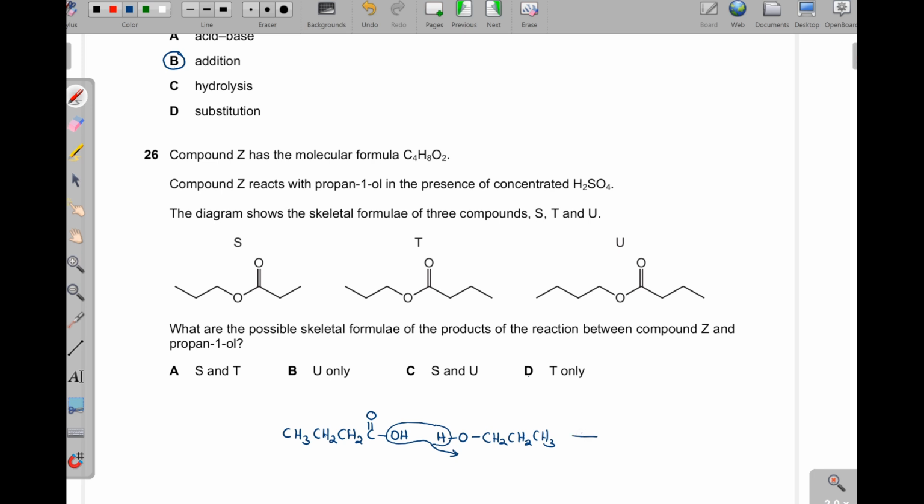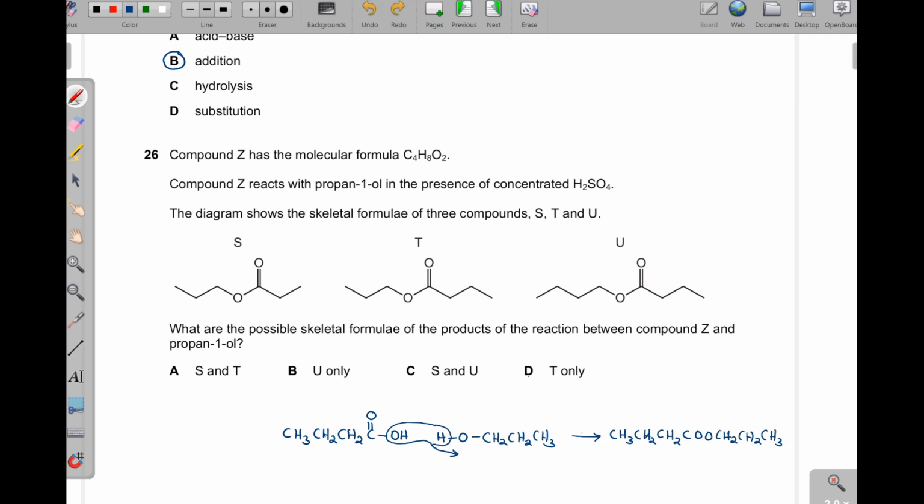So that's why we call it a condensation reaction. So we have CH3, CH2, CH2, then C, then O, this O here, and then this O here now. Then we add on CH2, CH2, CH3. This is propyl butanoate as an ester.